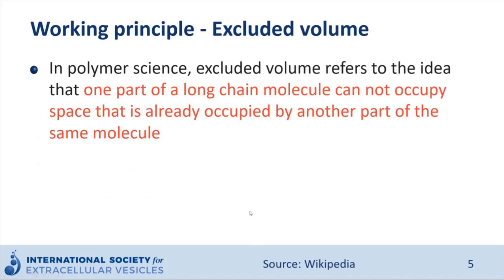Excluded volume polymer is a special term in polymer science. To be accurate, it refers to the idea that one part of a long chain molecule cannot occupy space that is already occupied by another part of the same molecule.